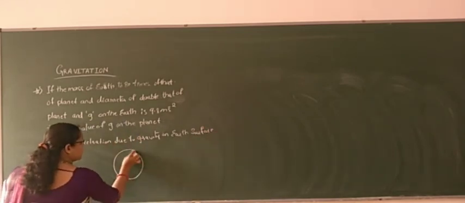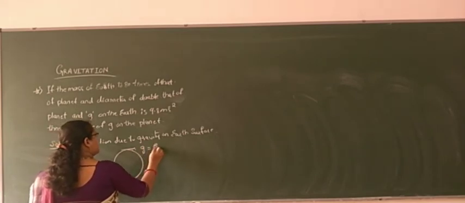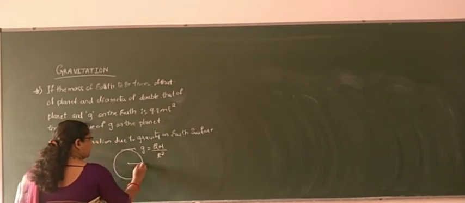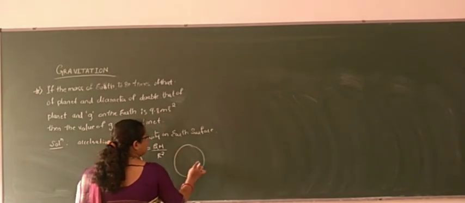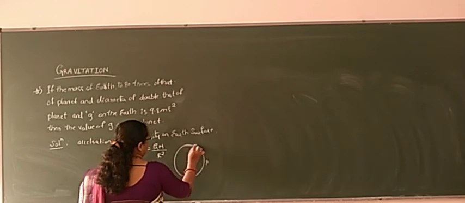Acceleration due to gravity on the earth surface g is equal to GM by r square here. Similarly, we have a planet here, and we are going to find its acceleration due to gravity.